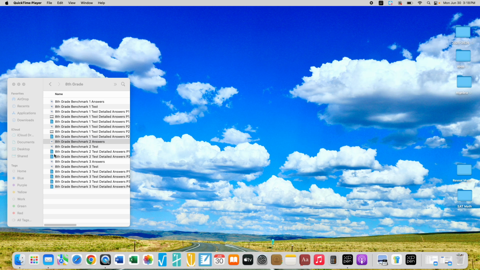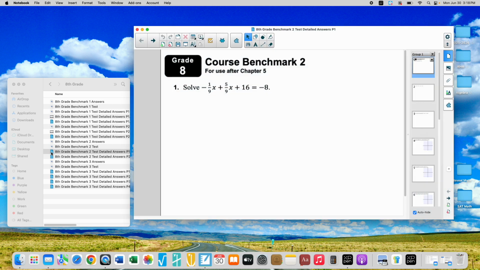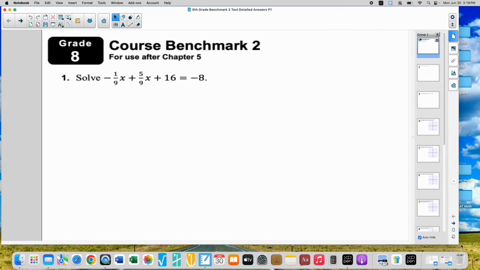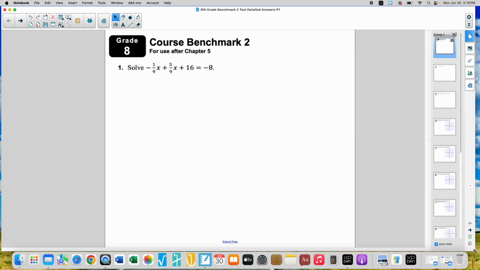Here we are. We are working on benchmark 2 for 8th grade material. And what we'll notice as we move through these benchmarks is that we will repeat certain information. So we will be doing problems that deal with chapters 1, 2, and 3 from benchmark 1, and now we'll add 4 and 5.